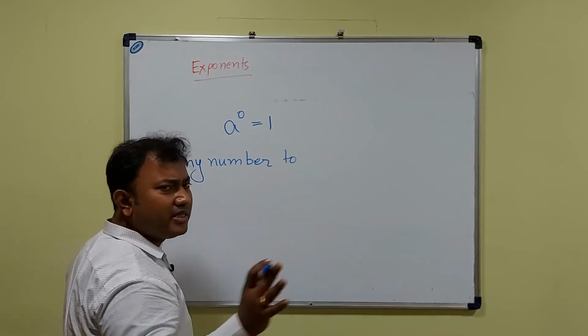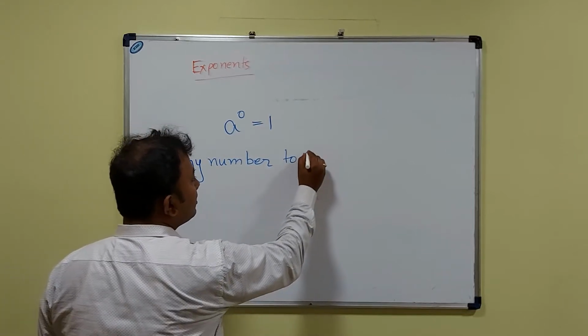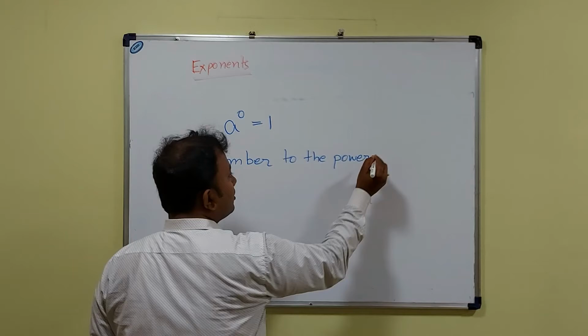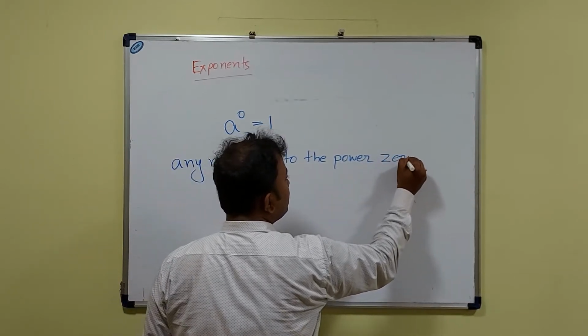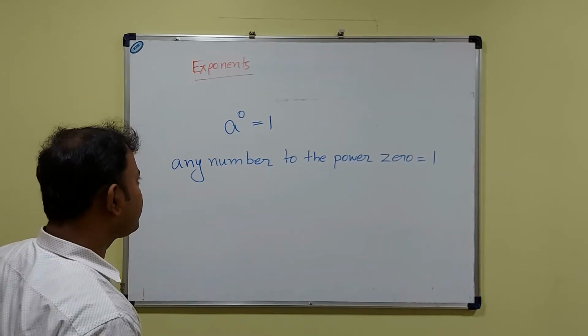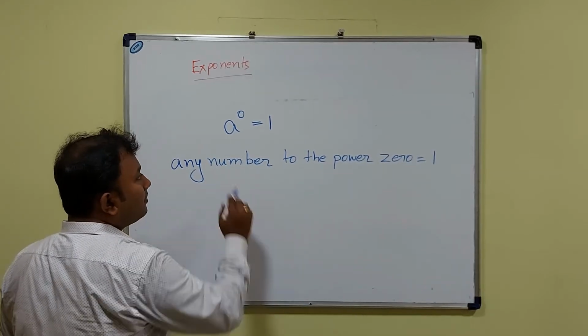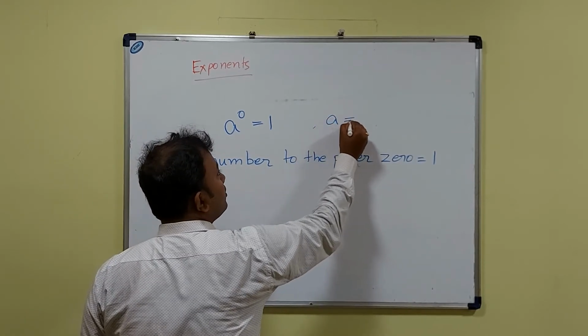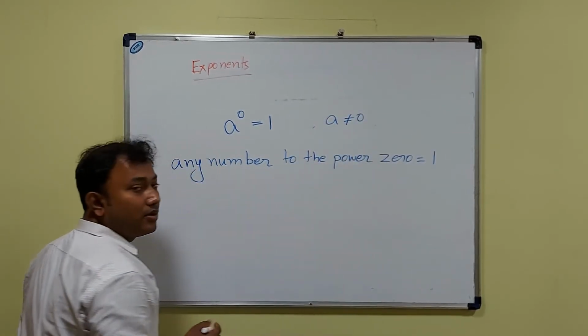Any number to the power 0 is equal to 1. But here is a simple condition, a should not be equal to 0.